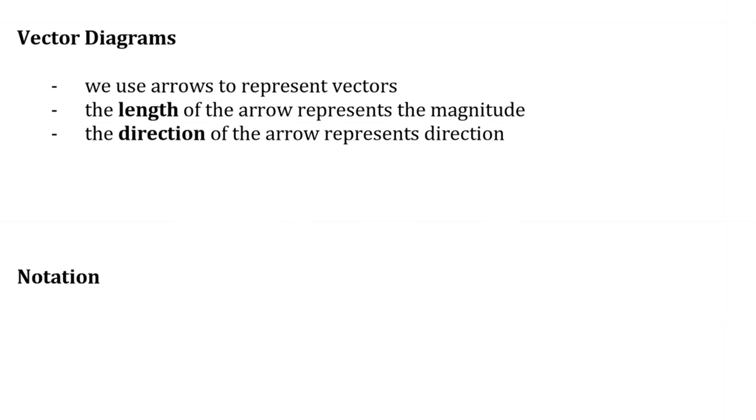We use arrows to represent vectors, and the length of the arrow represents the magnitude, so how long it is, which might be to scale. And by that, I mean, you might actually draw 2 centimeters, 3 centimeters, 4 centimeters, or it might just be generalized that one is longer than the other. Okay. And then the direction of the actual arrow that you've drawn represents direction.